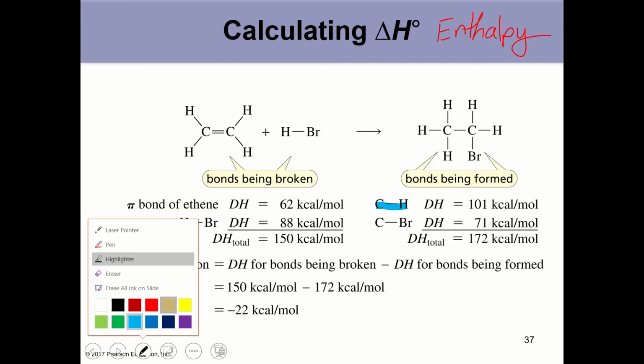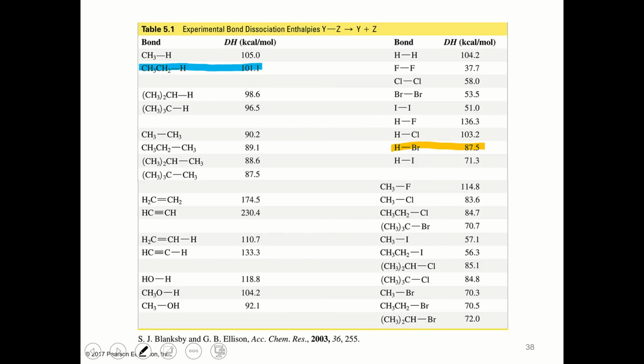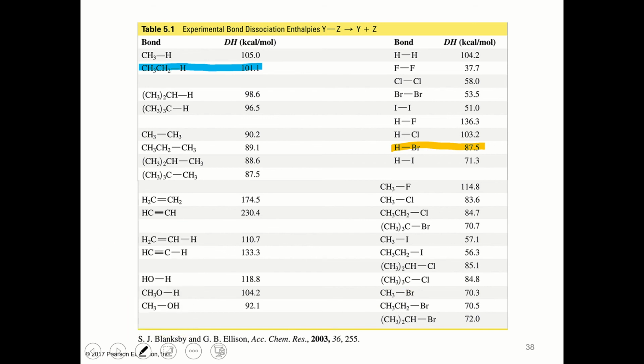The carbon to bromine bond. The carbon to bromine bond should be in this last section. Here it is. Or more accurately, we should pick the carbon to bromine bond for the carbon that also has a bond to carbon. 70.5.